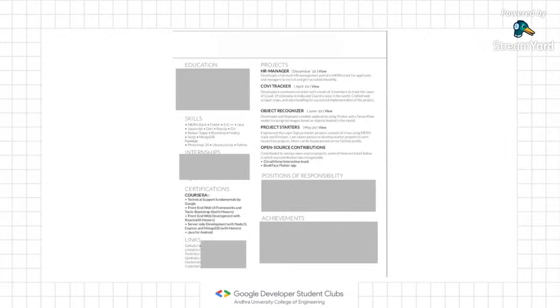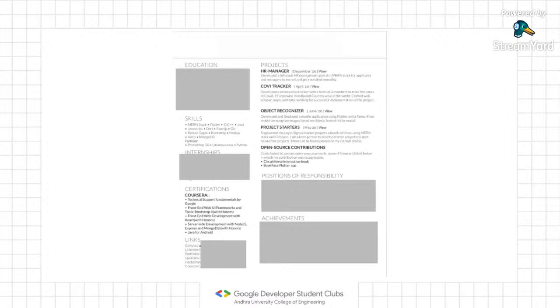And one major thing is that you will have to add your GitHub link. If that is open source, if that is public, make sure you add that link beside your project so that your recruiters can cross-check or take a look at it.